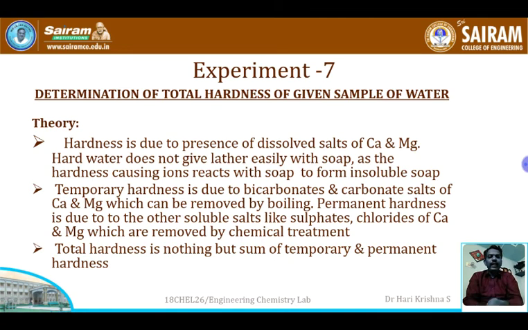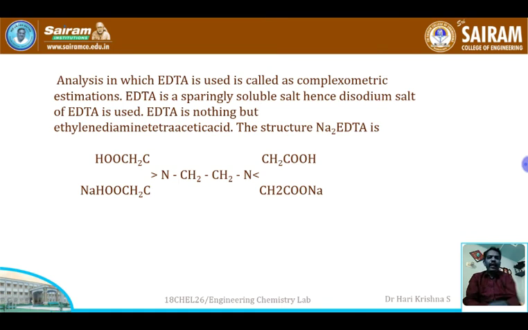How does EDTA help? We'll see what chemical reactions occur. Any reaction where disodium EDTA is used is called complexometric estimation. Any estimation using ethylene diamine tetraacetic acid, or EDTA, is called complexometric estimation.